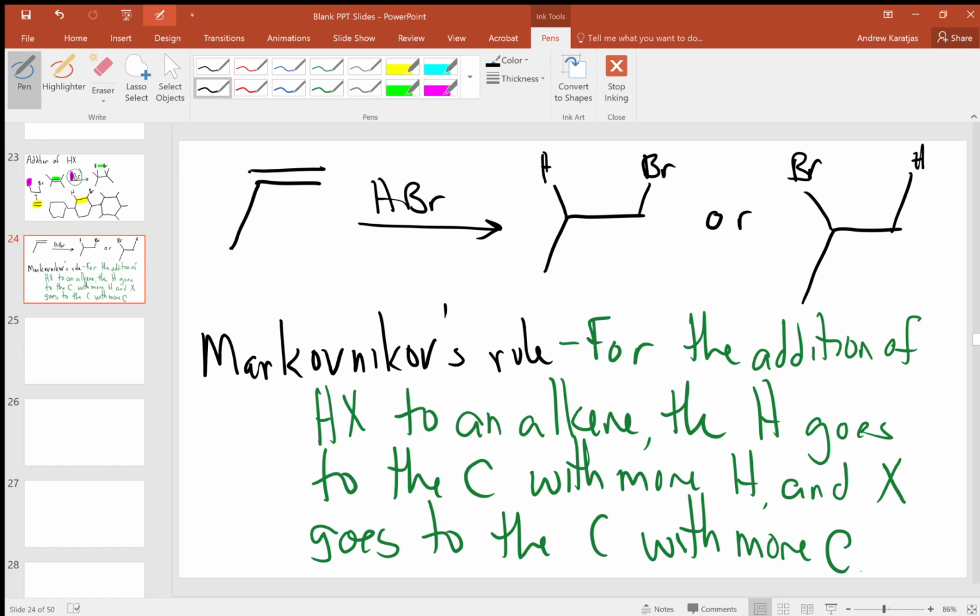Well, let's put in all the hydrogens so that we can see. So the hydrogen is going to go to the carbon with more hydrogens, and we always have two choices. That's this yellow carbon and the green carbon. The other carbon, the CH3, doesn't factor in because it's not part of the alkene.